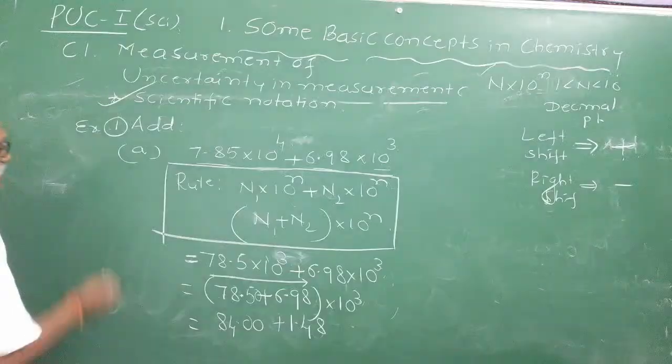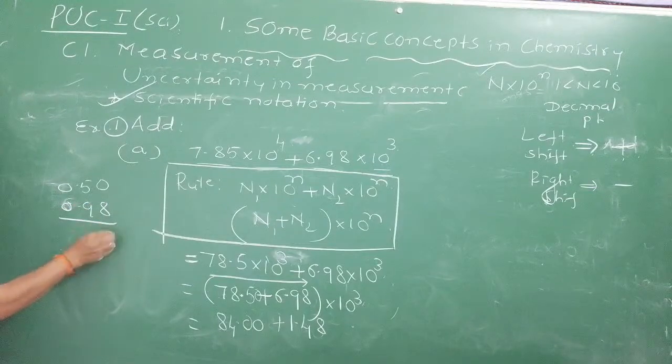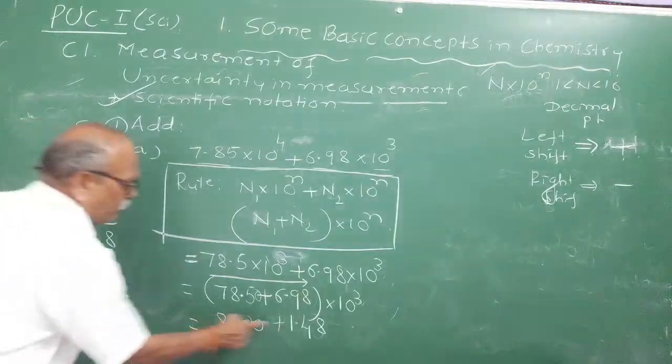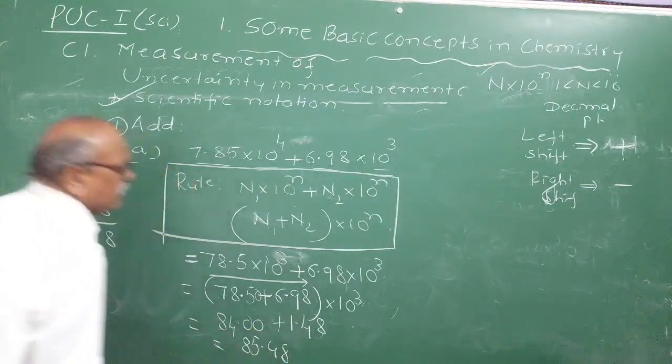Add the decimal parts separately: 9 plus 5 is 14, carry 1, giving 1.48. 84 plus 1 will be 85.48. Your speed will be increased.